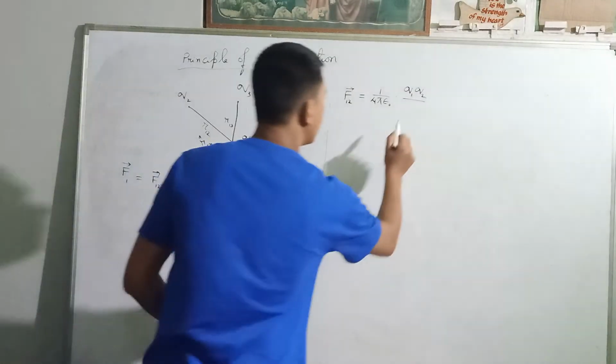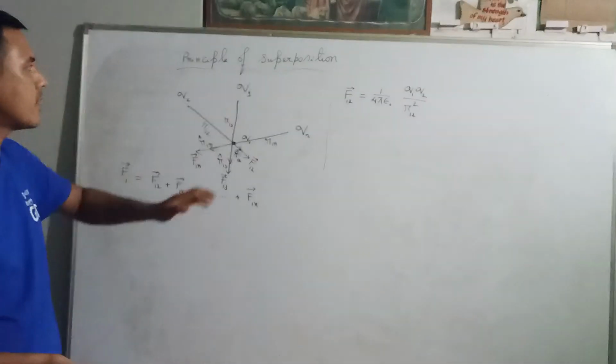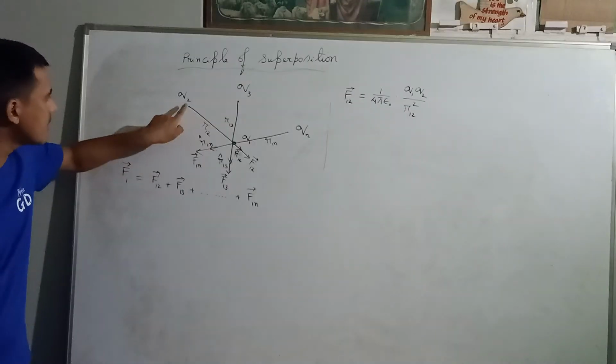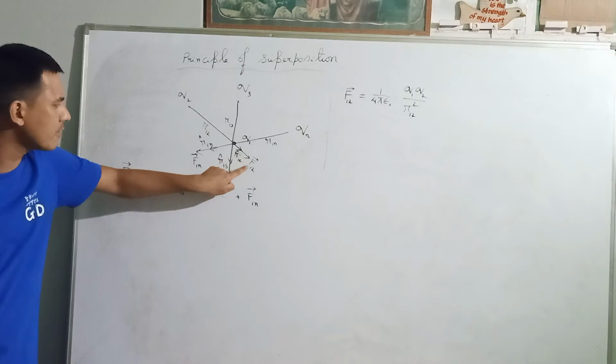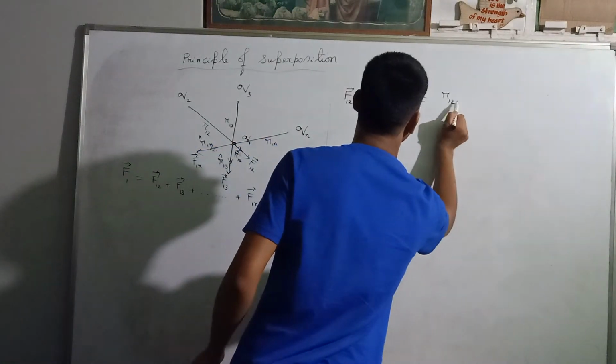R12, right? So R12 square. And the unit vector representing the direction of the force F12 is R12 cap.